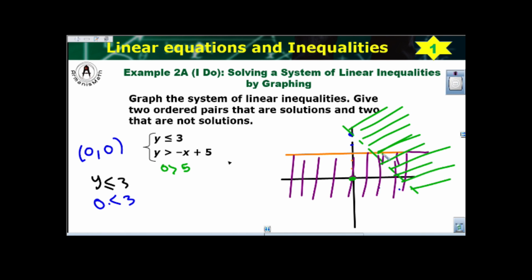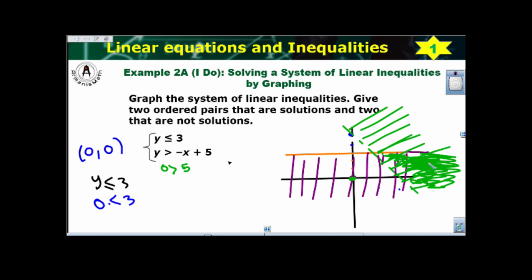Anyways, if you look closely now, you're going to see the double shaded region, not just 1 or 2. It's going to happen somewhere down here, in the double shaded region. See that area?